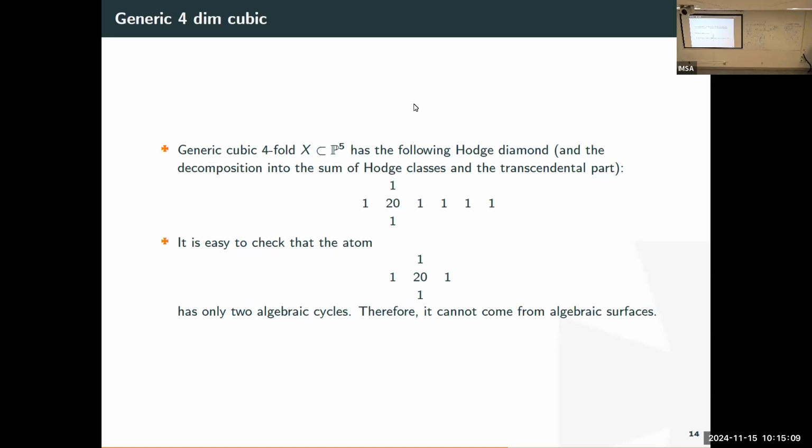Any questions? Yeah, the definition of atoms was a bit too fast for me. For example, in this case, how does one, can you? Which case? The two-dimensional cubic? Yeah. In this case, we have only second homologies, and so you have Z9. Oh, sorry, I lied to you. It's Z7.